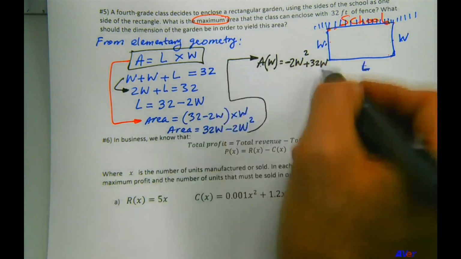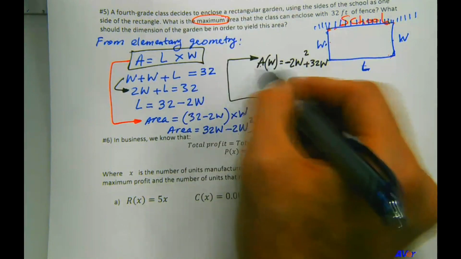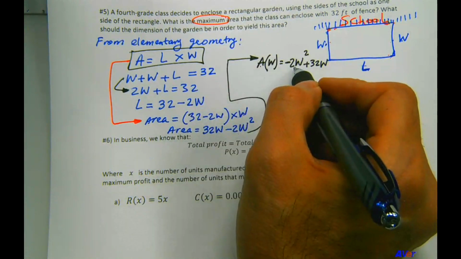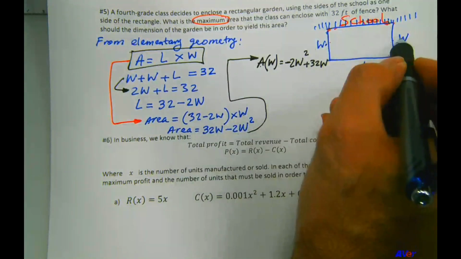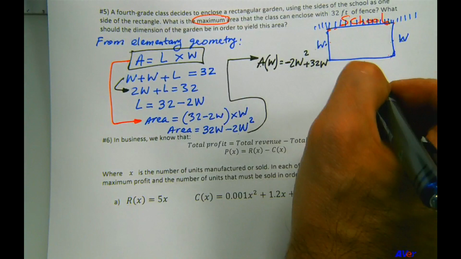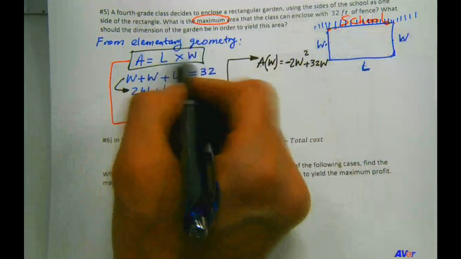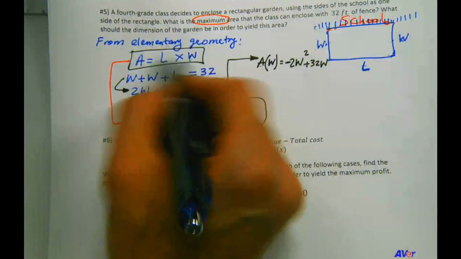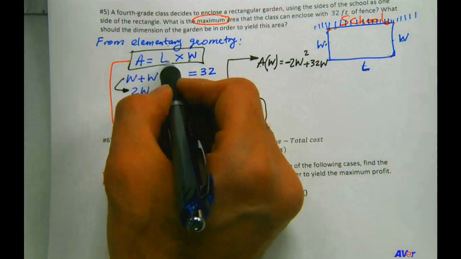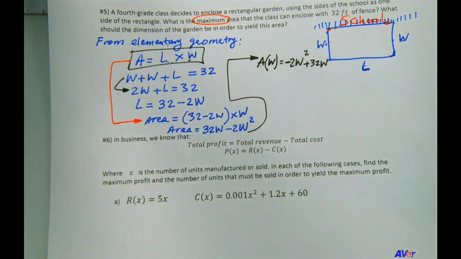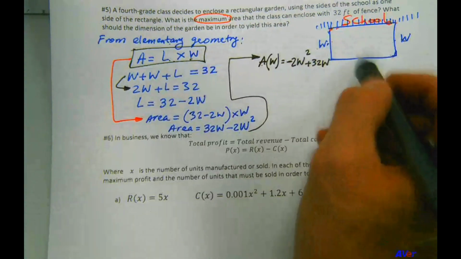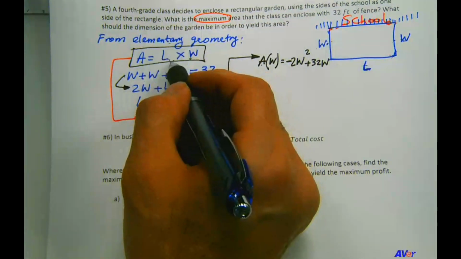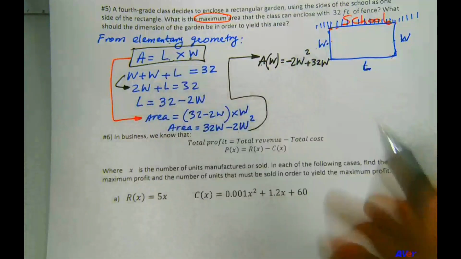We've developed an equation for area by doing what? By introducing variables, and then we remembered from elementary geometry what the area of a rectangle is equal to. So using these variables and that equation from basic geometry, we developed this equation.